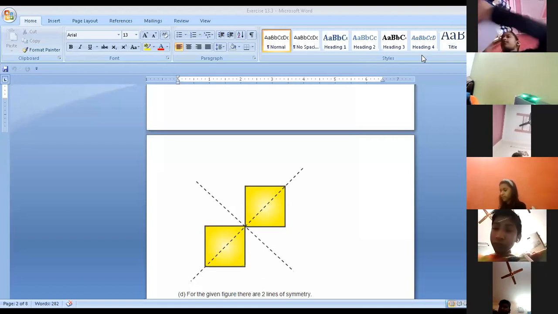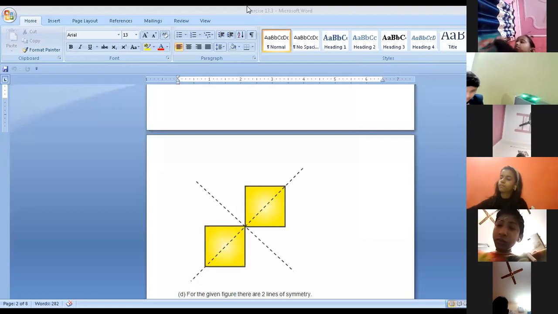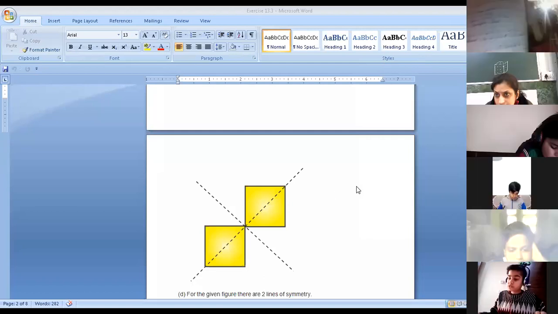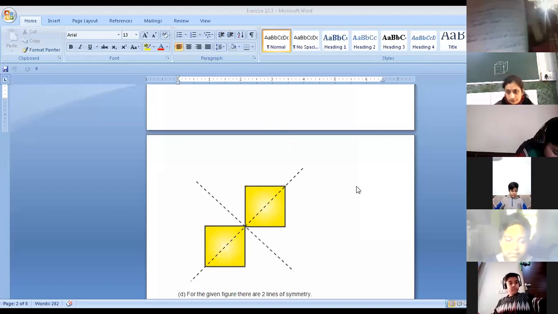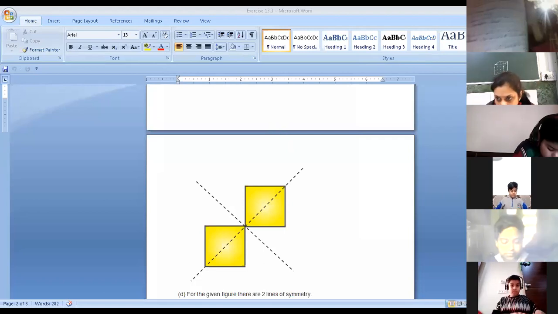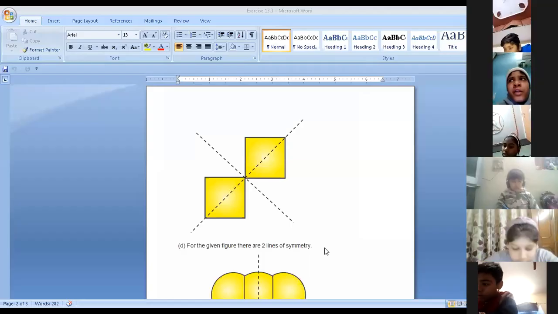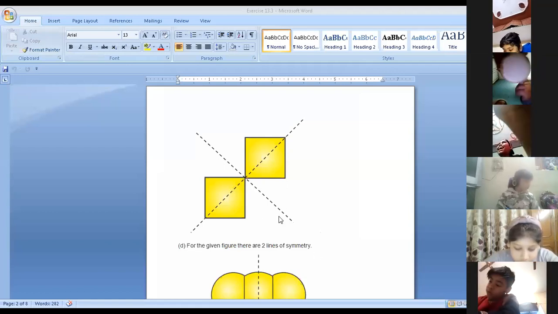So draw only 2 lines of symmetry in the third figure and write down, there are 2 lines of symmetry.